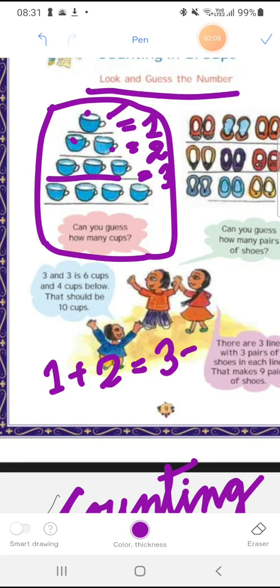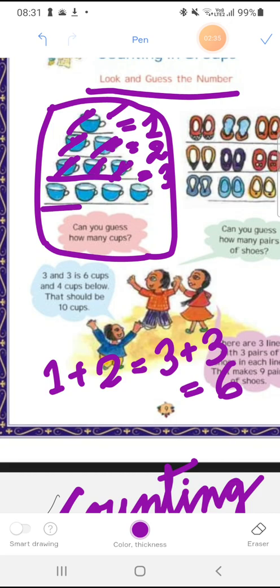So let us add with this 3. 3 plus 3, 3, 4, 5, 6. So 3 plus 3 is 6. See, 1, 2, 3, 4, 5, 6. So up to this much it is 6.